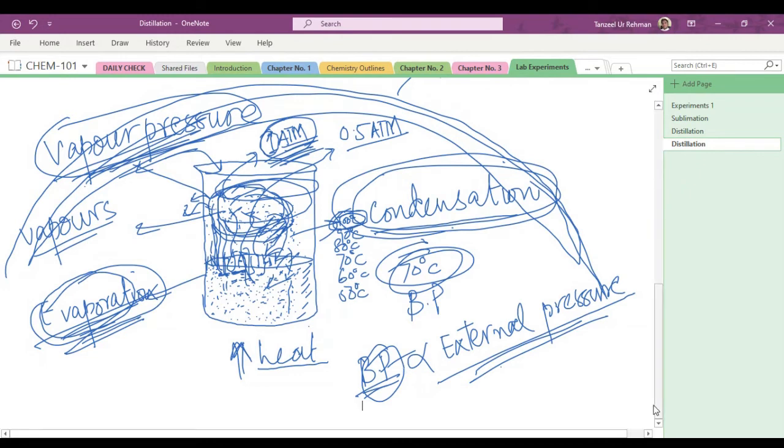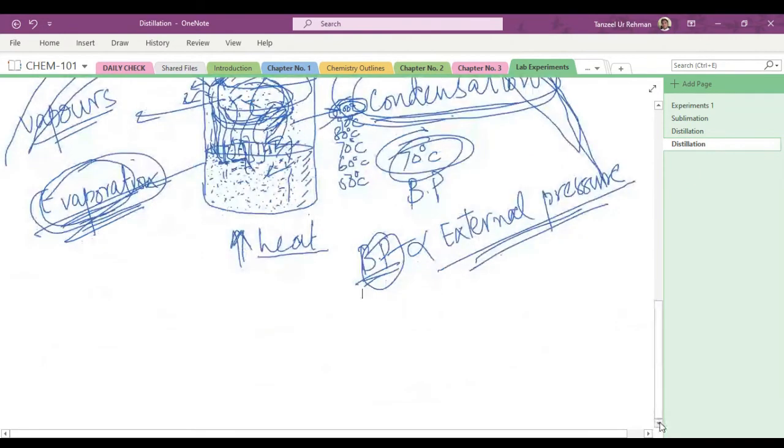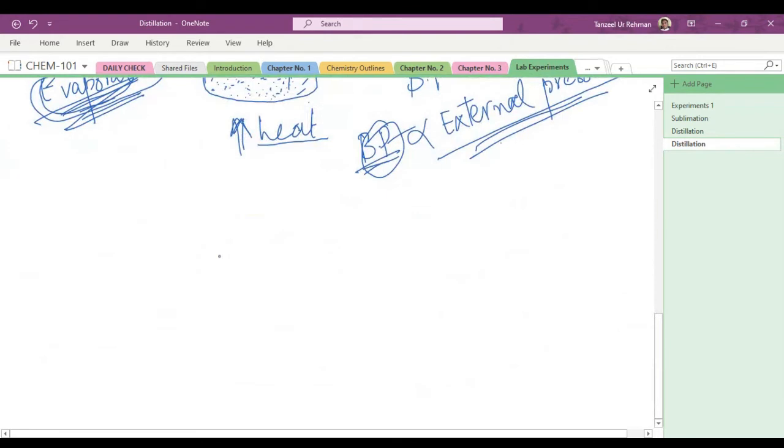Okay, a similar thing is also seen in our pressure cookers. When we cook at home, our mothers, sisters, when they prepare food, they use a pressure cooker. Now, what is the function of this pressure cooker?